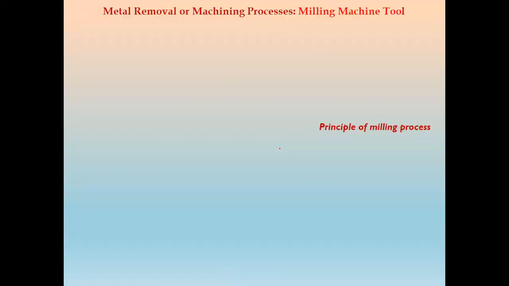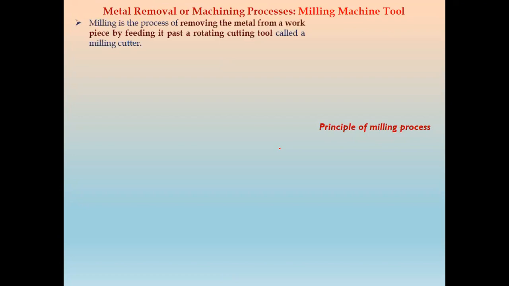What is meant by milling? Milling is the process of removing metal from the workpiece by feeding it past a rotating tool, which is called a milling cutter. In a milling machine, we feed the workpiece past the cutter, which is called the milling cutter.